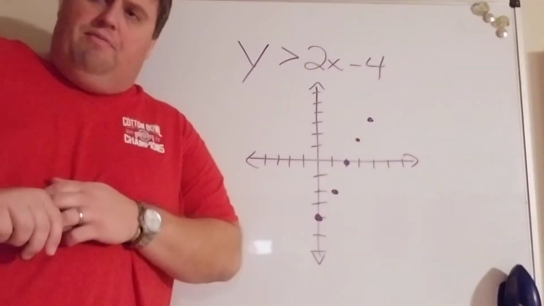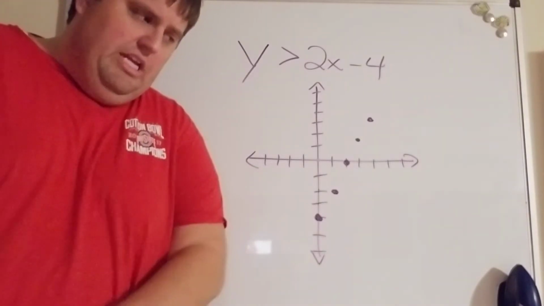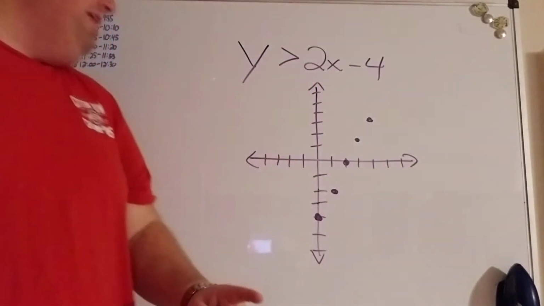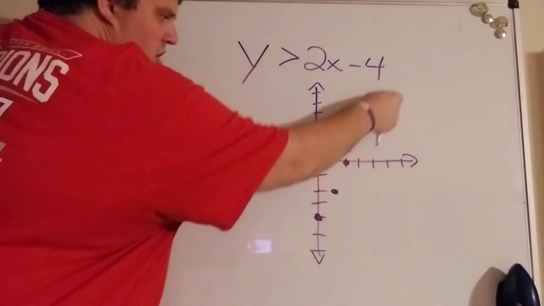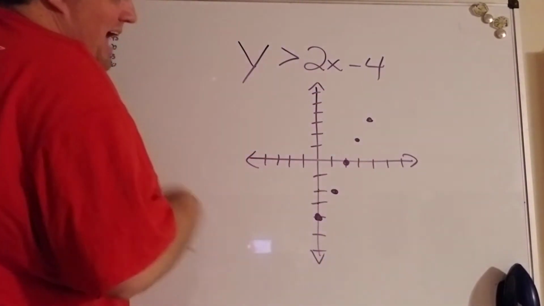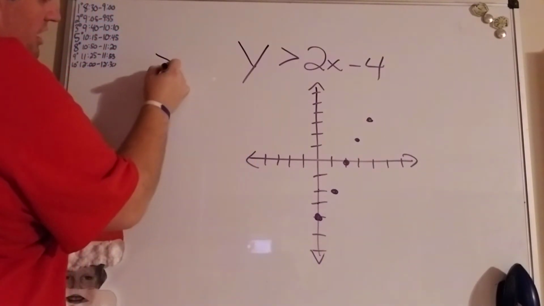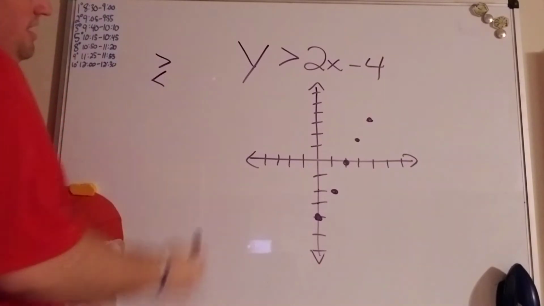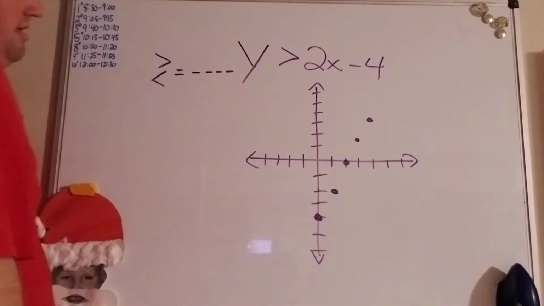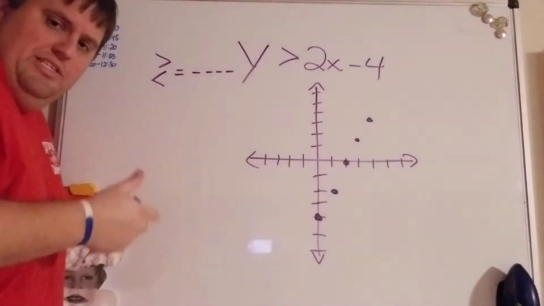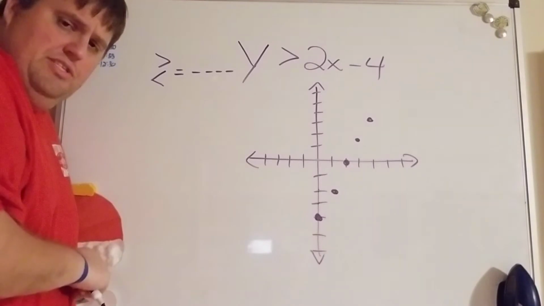Now is where the differences are going to start, because I'm not just going to connect my dots. It really depends on what type of inequality we have, if these points right along the line are included or not included. So if it's a greater than or a less than sign, we're going to use a dashed line, basically saying that those points that are right on that line are not included in my solution set.